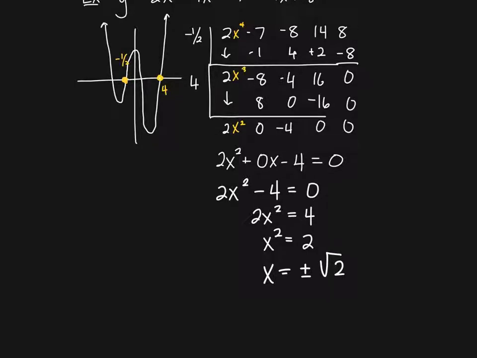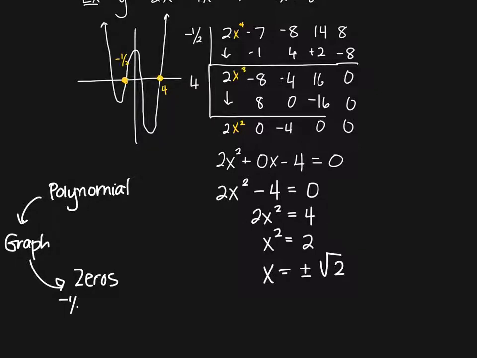So if we look at our cycle now, where we started with the polynomial, we created a graph. From the graph, we were able to get some of our zeros, specifically -1/2 and 4. And then we were able to get the square root of 2 and negative square root of 2, which leads us to being able to develop factors.